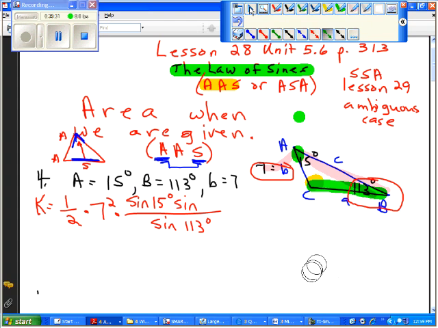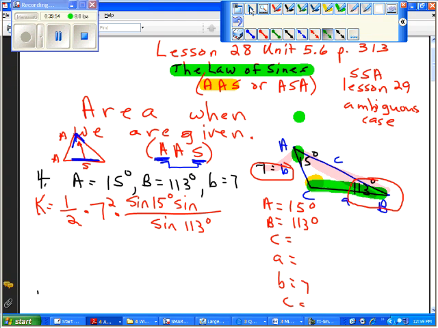And so to get angle C, let's just go ahead and start finding everything because we're solving the triangle. We've got that angle A is 15 degrees, angle B is 113 degrees, and little b is 7. We're not solving the triangle.